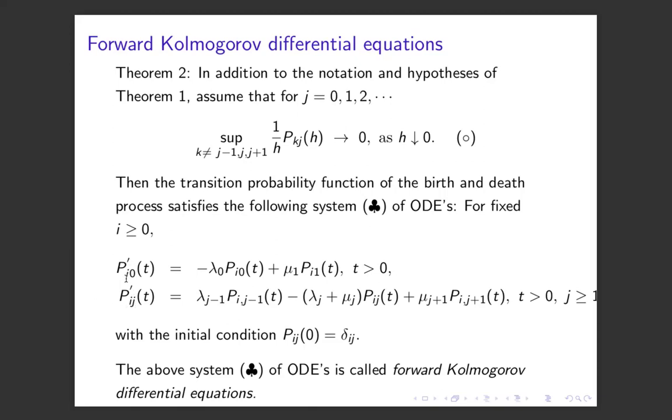So P_i0 prime of t is minus lambda 0 P_i0(t) plus mu 1 times P_i1(t). Even here, i is fixed. And similarly for this.